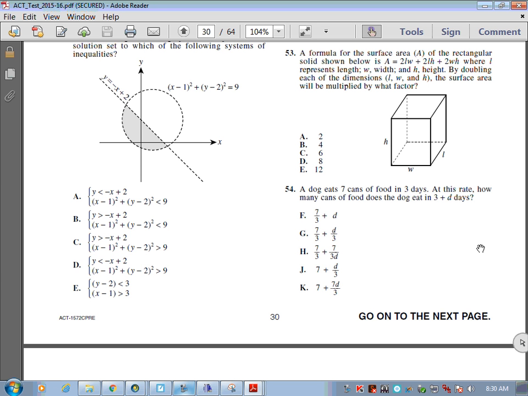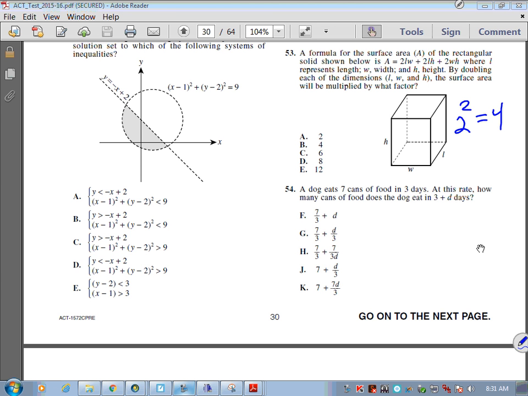So if I double each of the dimensions, for the surface area I'm going to take 2, because I'm doubling it, and I'm going to square that. So the surface area is going to be multiplied by a factor of 4, because I'm taking the 2 and squaring it.